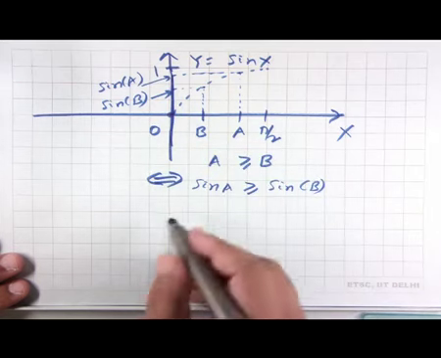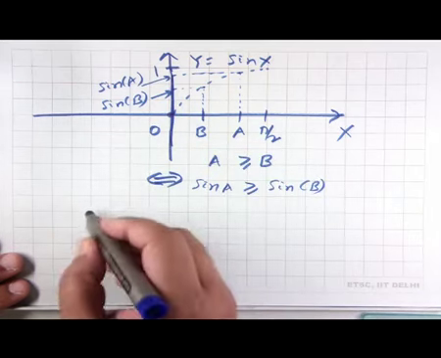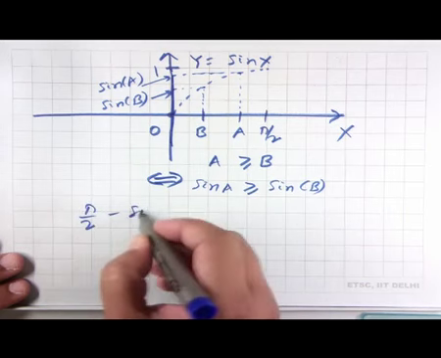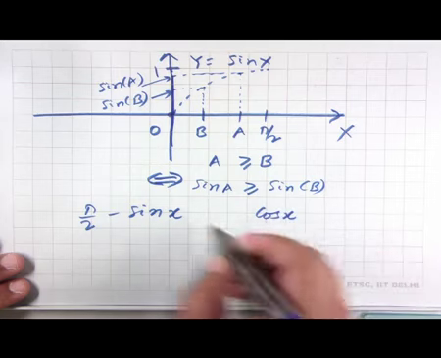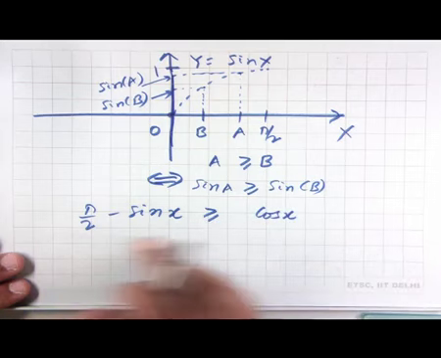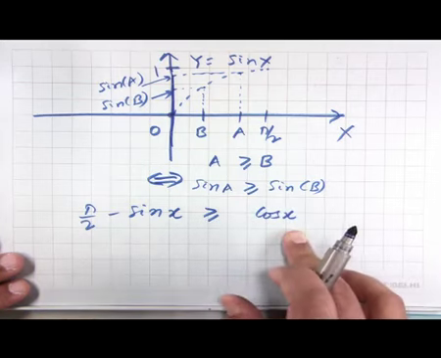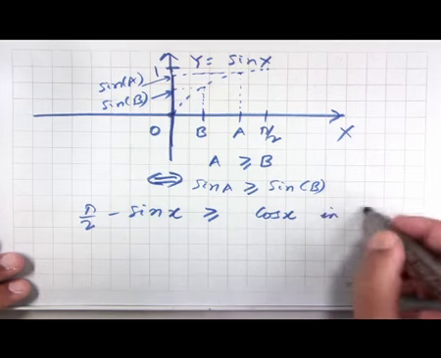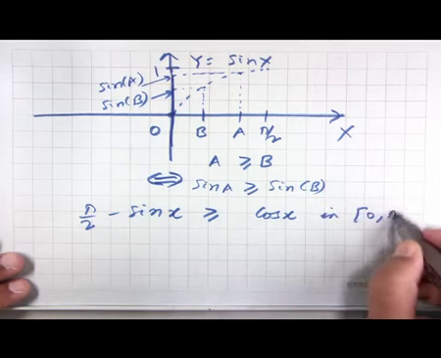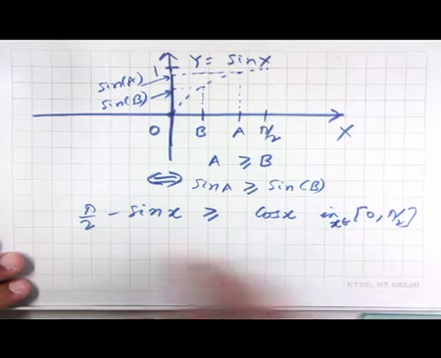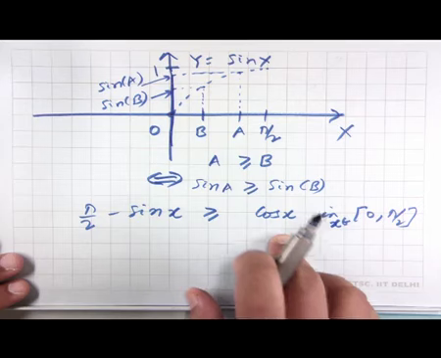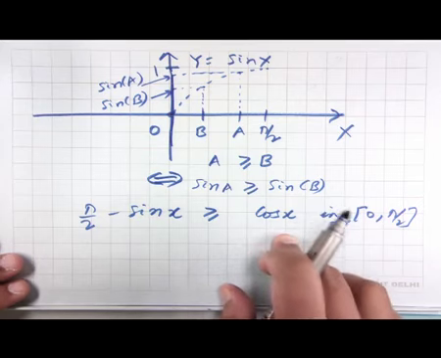Here, if you recall, A was pi by 2 minus sine x and B was cos of x. So if we can show that this statement holds true in the interval x belonging to 0 to pi by 2, that will solve the problem, right.